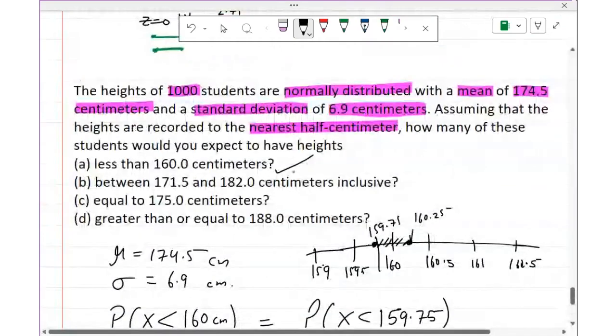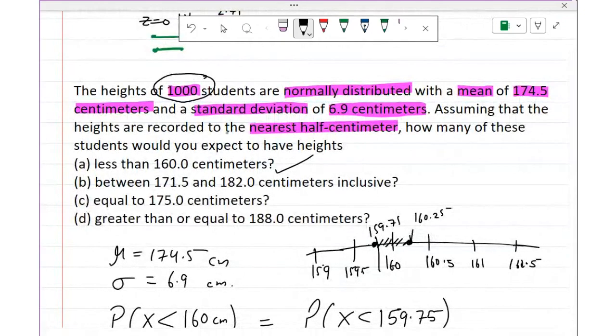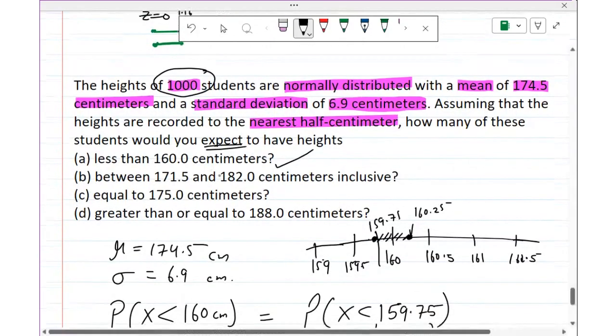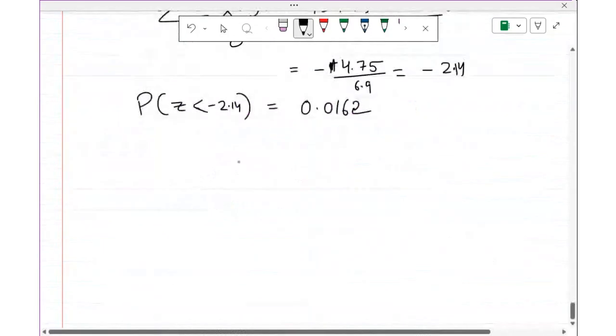Now you are given a total of 1000 students, and you are asked how many you expect to have height less than 160 centimeters. So n is 1000, and this is the probability p.